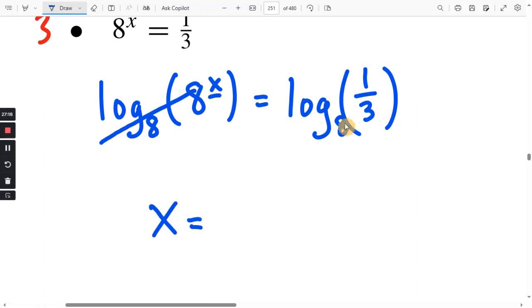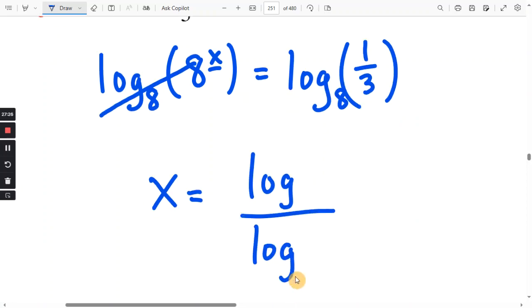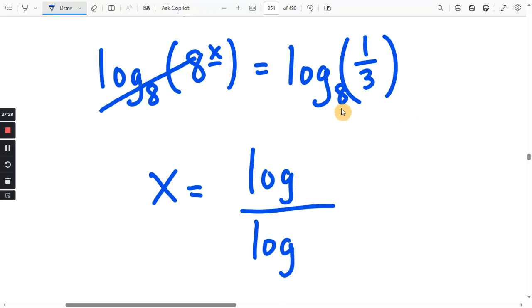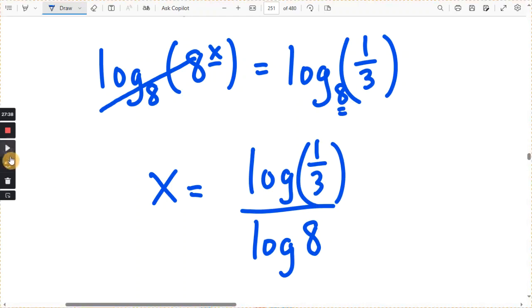On the right-hand side, change of base formula. We're going to do log over log. Where does the base go? Well, the base always goes on the bottom, so the 8 is going to go on the bottom, and the original argument of 1/3, that goes on the top.